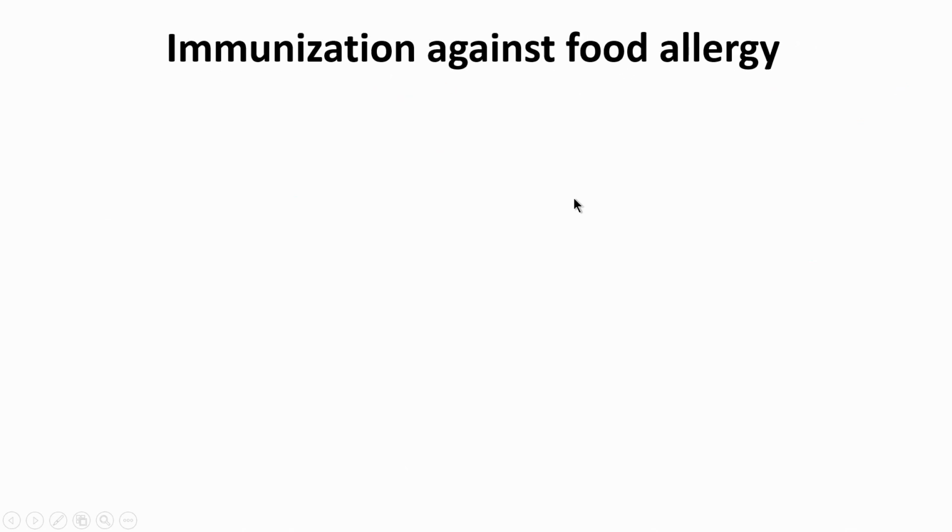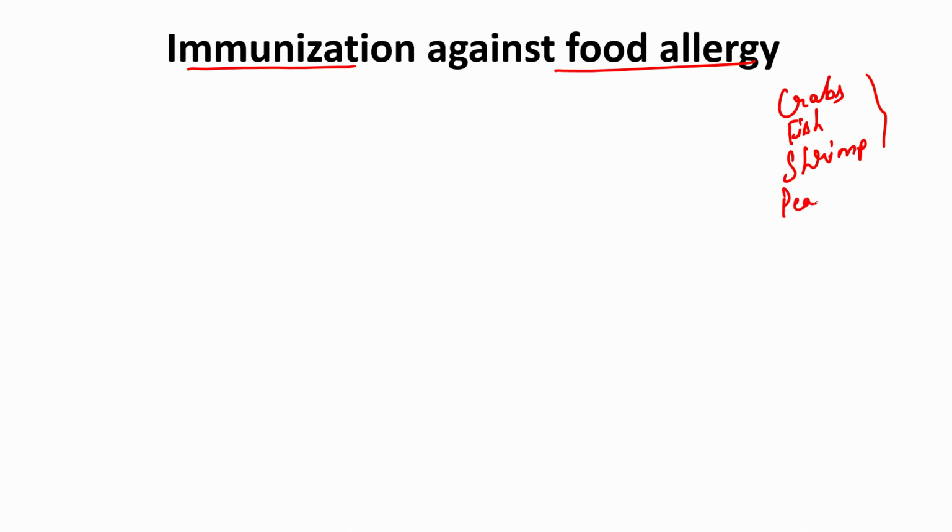Okay. So, let us look at one example of how this was used in one of the papers. We are talking about an immunization against food allergies. Food allergies are fairly common. You find that a lot of people have certain restrictions on what they may or may not be able to eat, especially something like crabs, fish, shrimp, which elicit quite a bit of allergies, and it does not have to be a non-veg food, it can also be something as simple as peanuts.